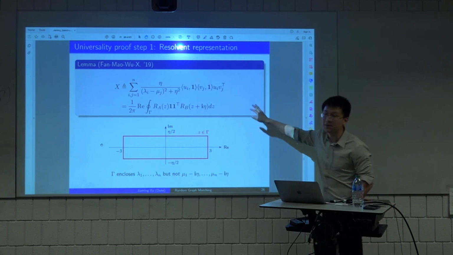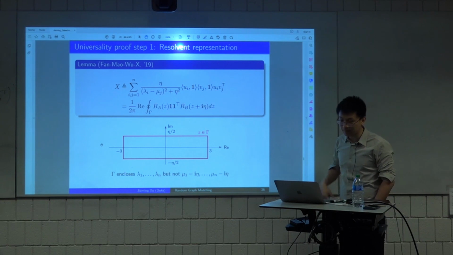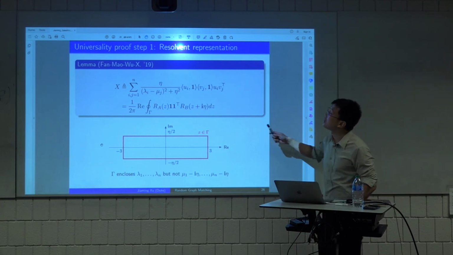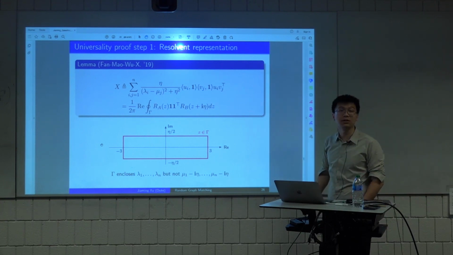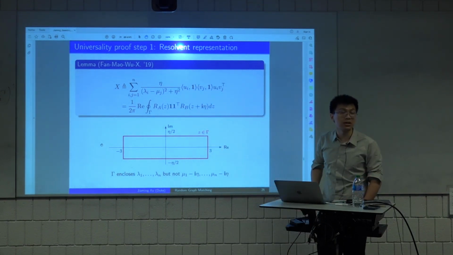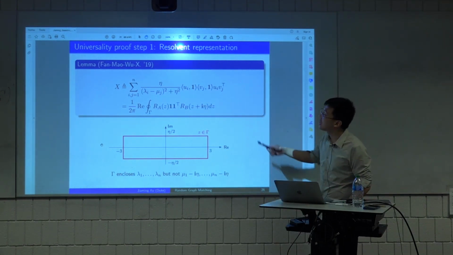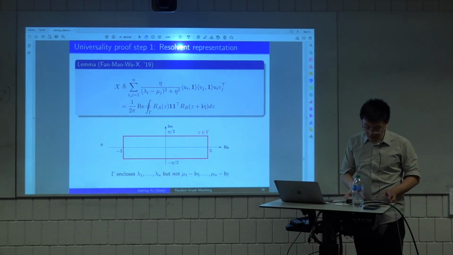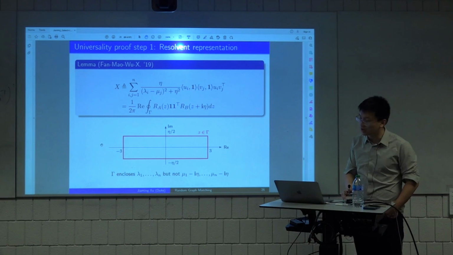Let me show you how we can use this resolvent to study this GRAMPA similarity matrix. The starting point is the so-called resolvent representation. Remember, this is our expression for the GRAMPA similarity matrix. Somehow we can write this in terms of a contour integral of the resolvent.